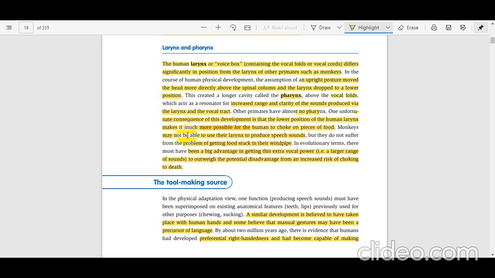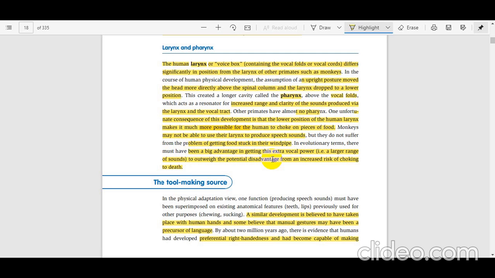Monkeys may not be able to use their larynx to produce speech sounds, this is true, but they do not suffer from choking on food, from the problem of getting food stuck in the pharynx or windpipe. In evolutionary terms, there must have been a big advantage in getting this extra vocal power to outweigh the potential disadvantage of an increased risk of choking.